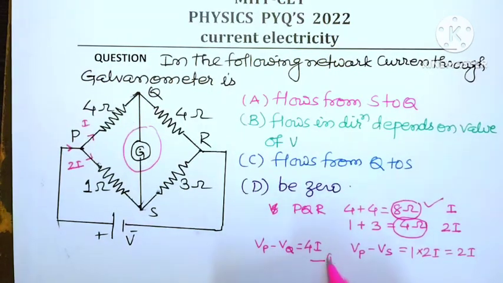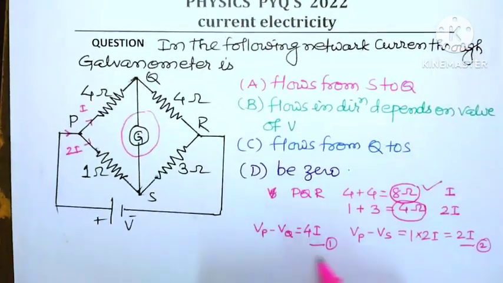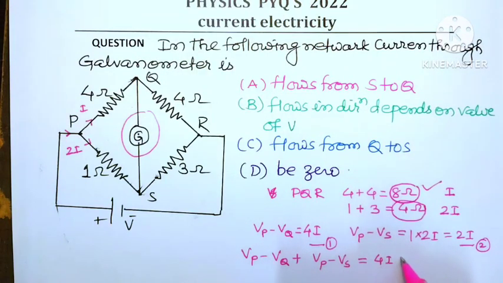So we have two equations. This is equation number 1, this is equation number 2. Here, instead of addition, we will subtract equation 2 from equation 1.